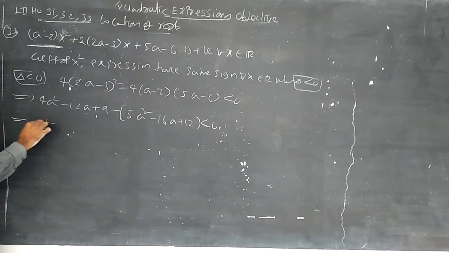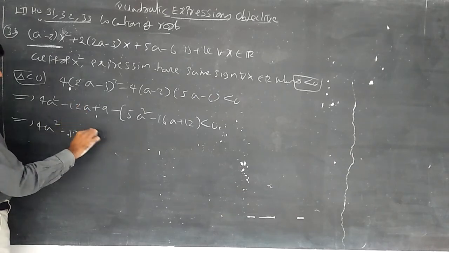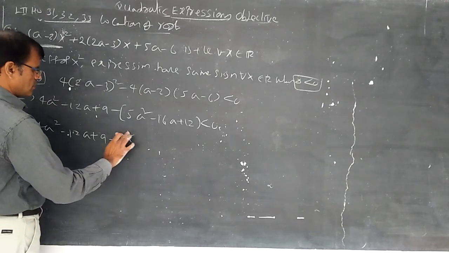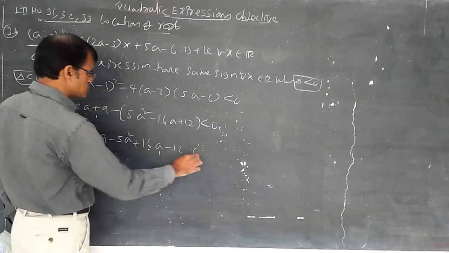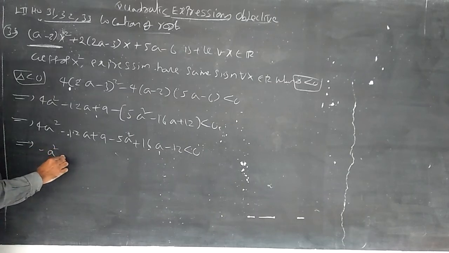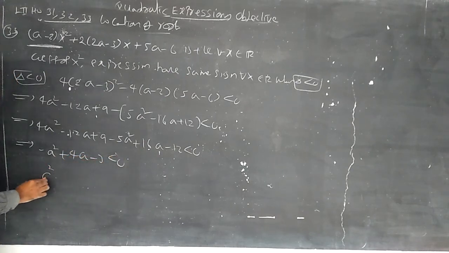That implies next step: 4a square minus 12a plus 9 minus 5a square plus 16a minus 12 less than 0. You can write 4a square minus 5a square becomes minus a square, and this becomes plus 4a minus 3 less than 0.